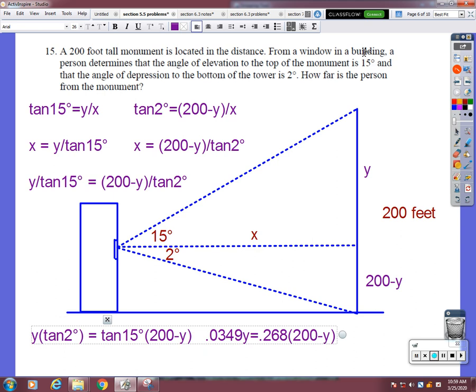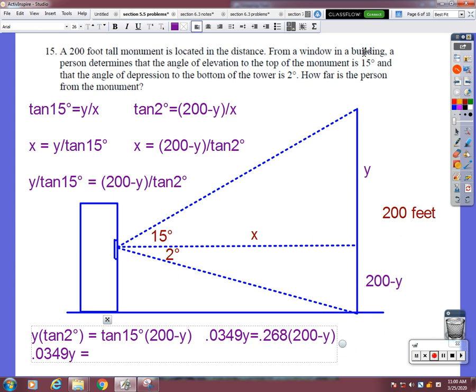Okay, and now if we just keep our heads down and do algebra the way our grandmothers taught us, we'll be just fine. I'm going to leave this 0.0349y on the left side alone, and I'm going to distribute the 0.268. So I'm going to take that and go first times 200.